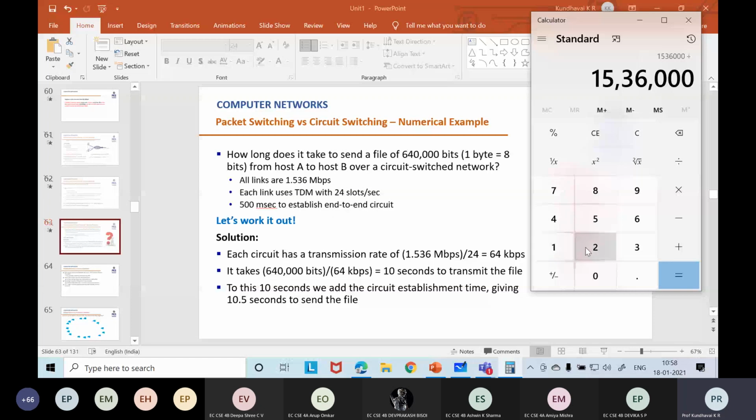Divided by 24 slots, which becomes 64,000. When you want to have it as kbps, kbps is always 10 to the power 3, so I divide by 1000, so it's 64 kbps. All right, so each circuit has a transmission rate of 64 kbps.